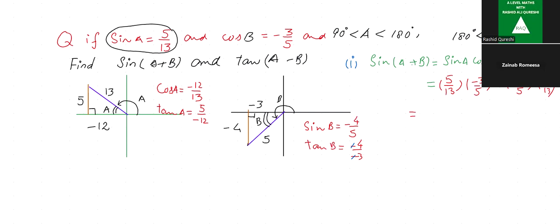Close the bracket. Then you have to multiply by this one, the second fraction, minus 3 by 5. There we have the minus 3 by 5.